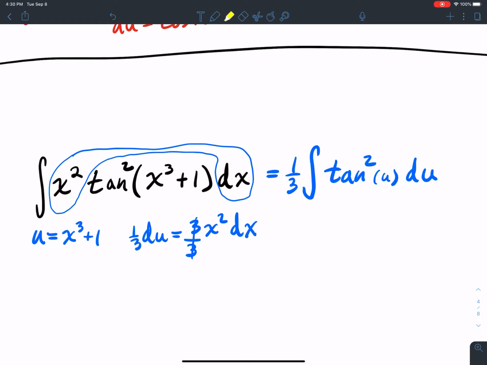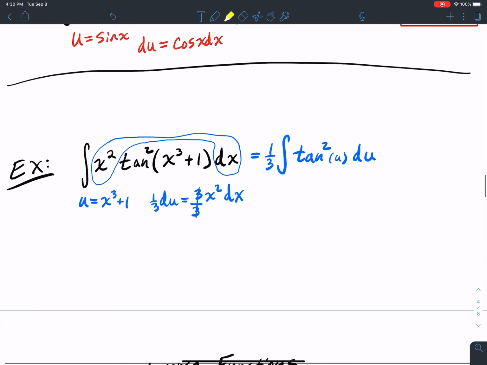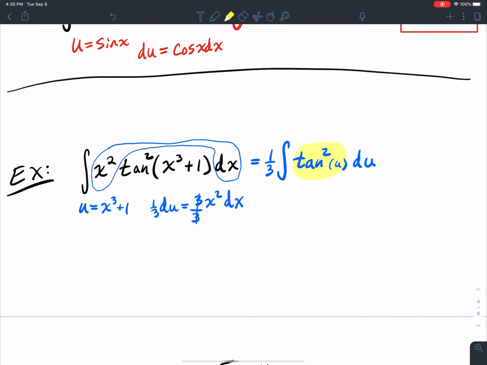Now I need to integrate. In order to integrate this, though, I don't know what the antiderivative is of tangent squared, but what I do know is there is a trigonometric identity that I learned from pre-cal, the Pythagorean identity, that links something that I do know.